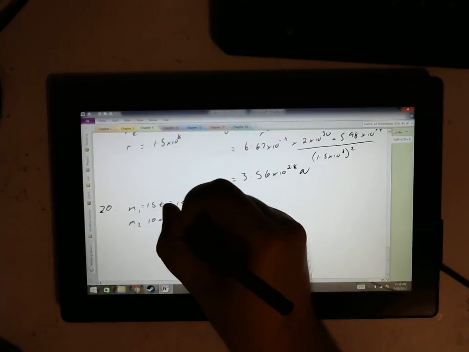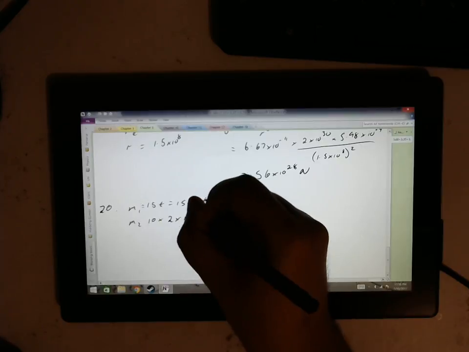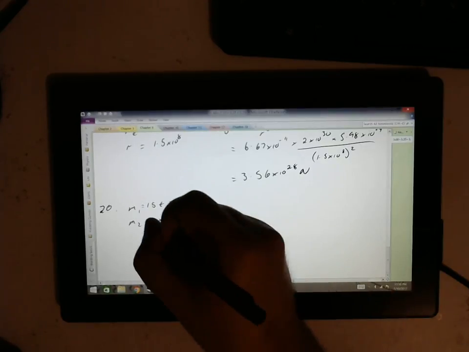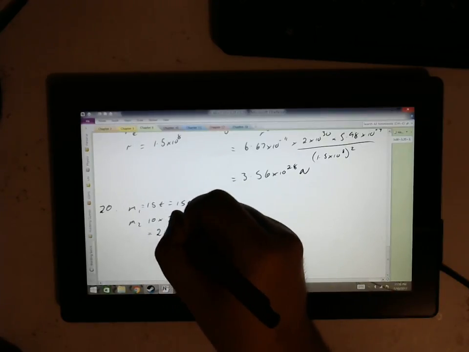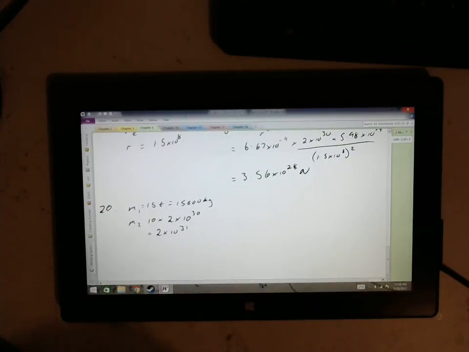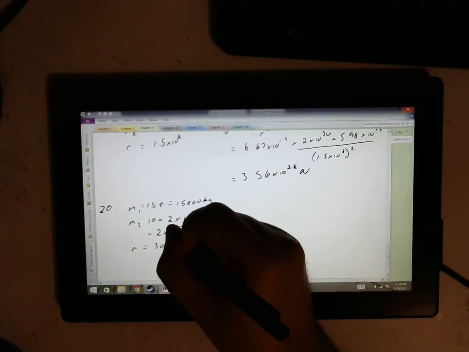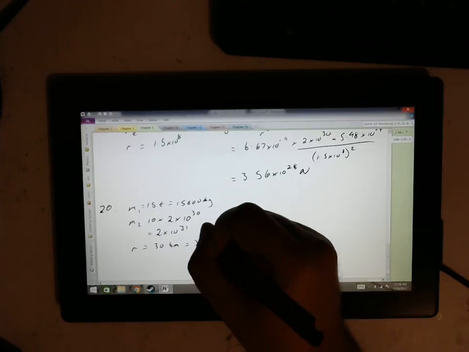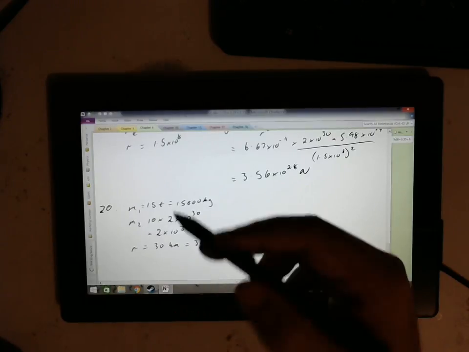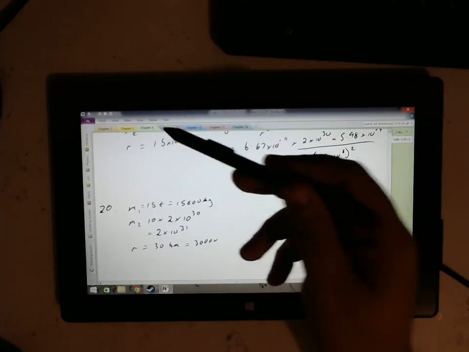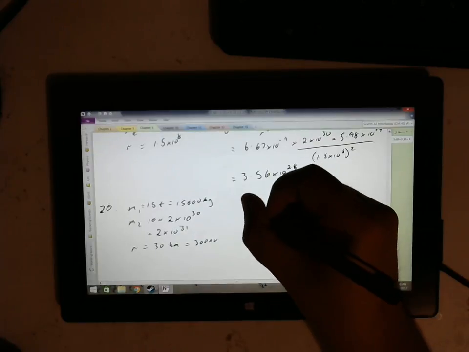10 times that of the sun, which is 2 times 10 to the 30, so that's going to equal 2 times 10 to the 31. And we're just slapping another 10 on there. We've got the event horizon at 30 kilometers away, so radius equals 30 kilometers equals 30,000 meters. Now the numbers are there, it's exactly the same as the question before.